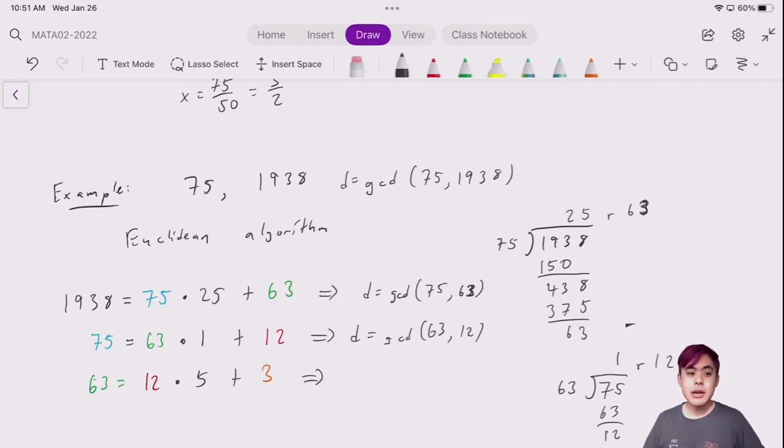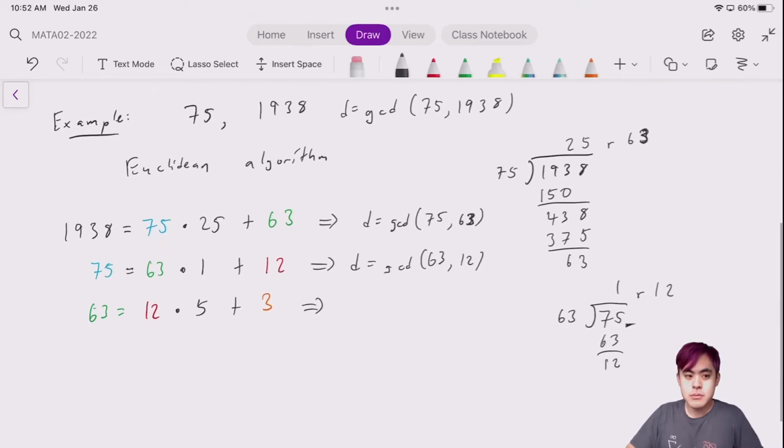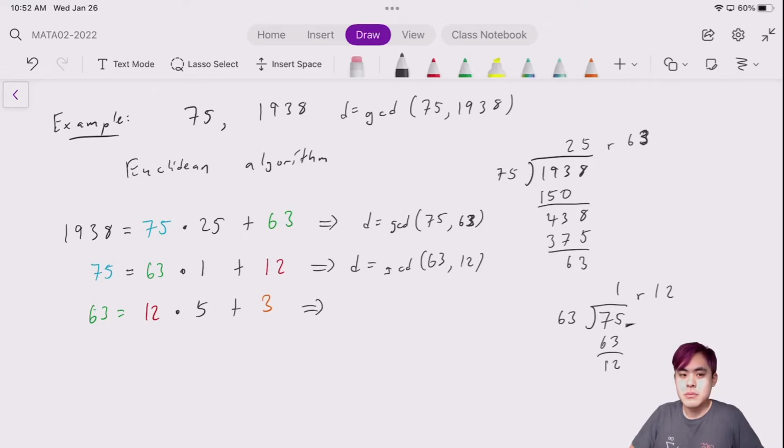And yeah, what's up? Yes. So one of the things you should notice is that the greatest common divisor of 12 and 63 is the same as the greatest common divisor of 63 and 12.